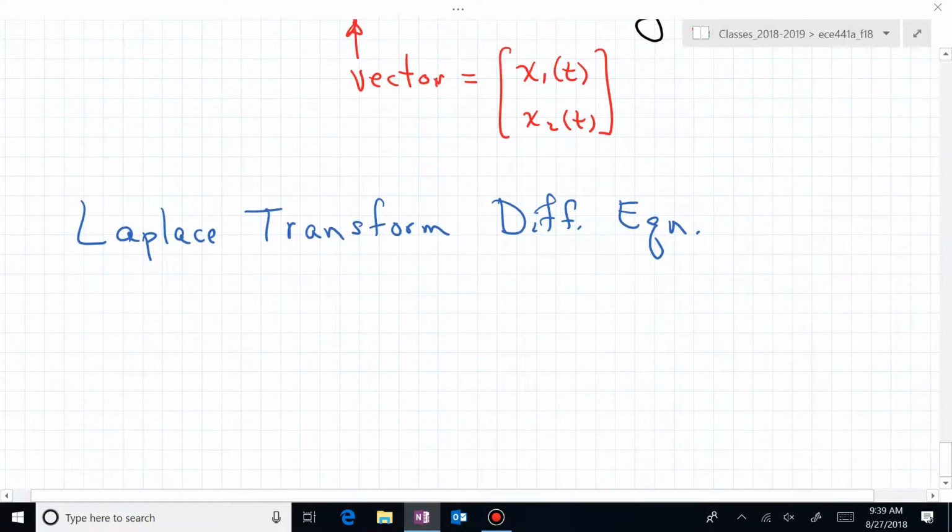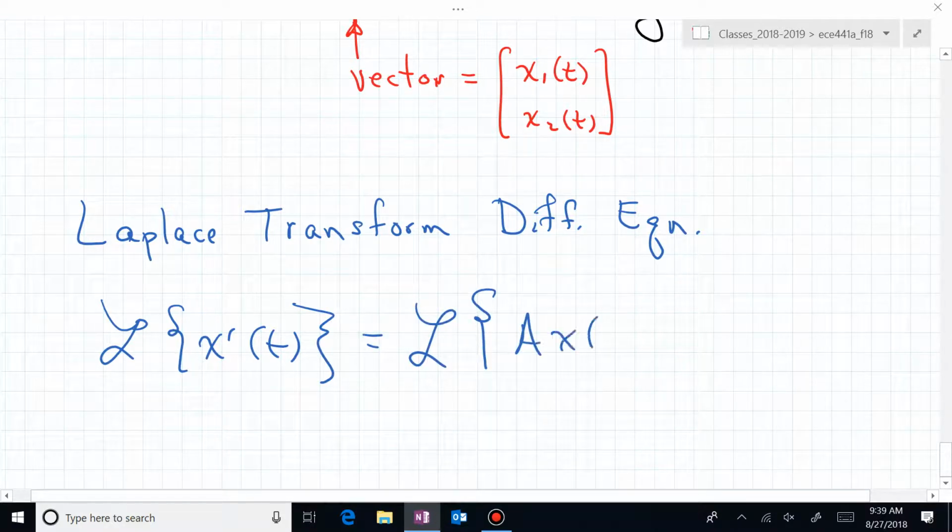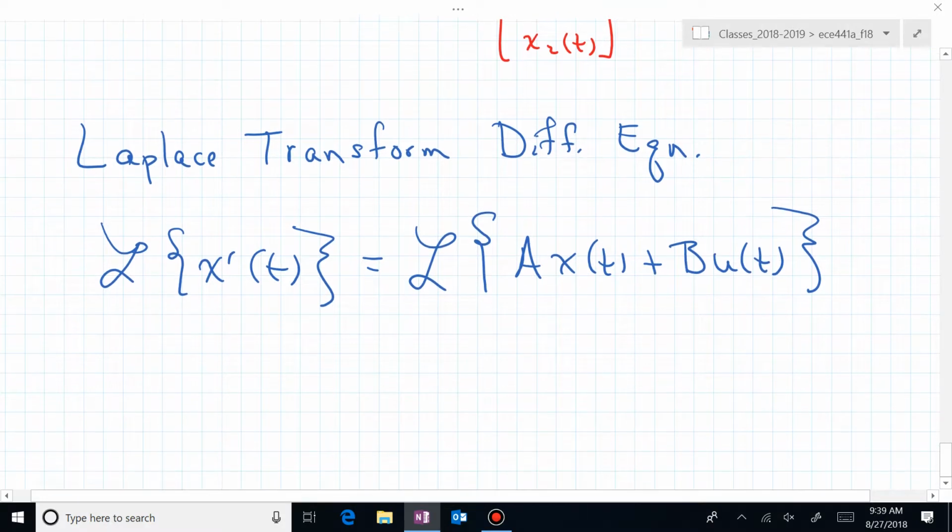So what happens when we Laplace transform this dynamic equation? We're Laplace transforming both sides. Have to do the same operation to both. We Laplace transform the left side. That's equal to the Laplace transform of the right side.